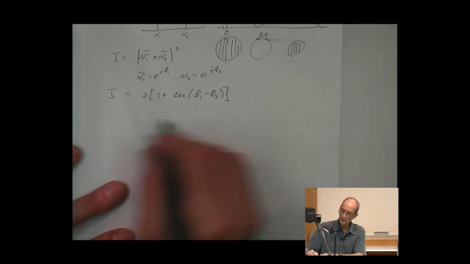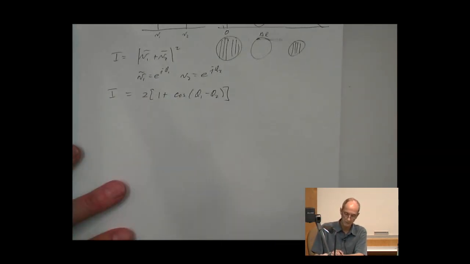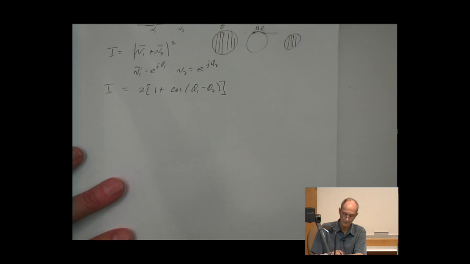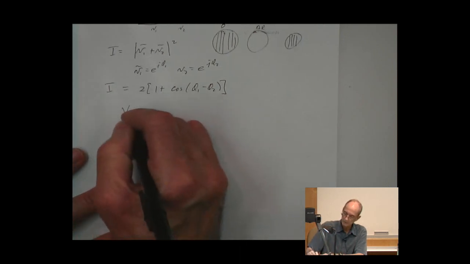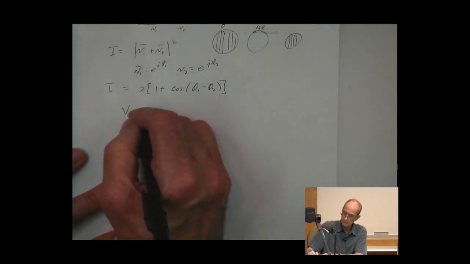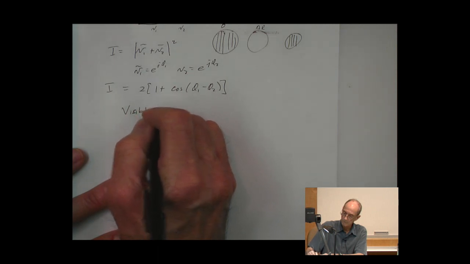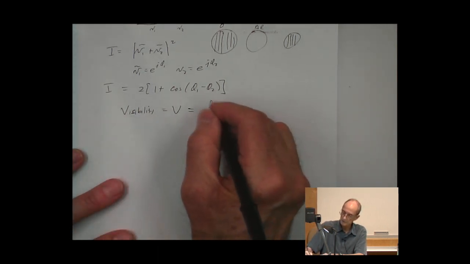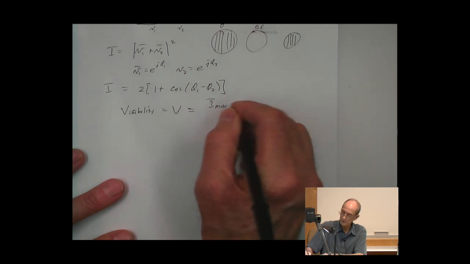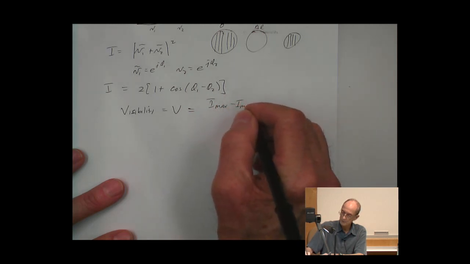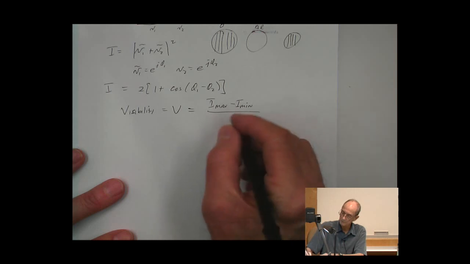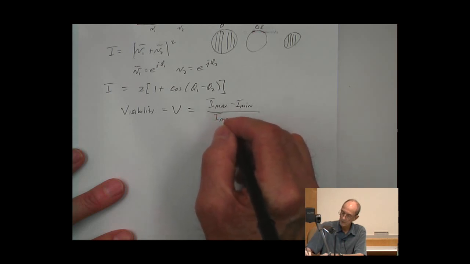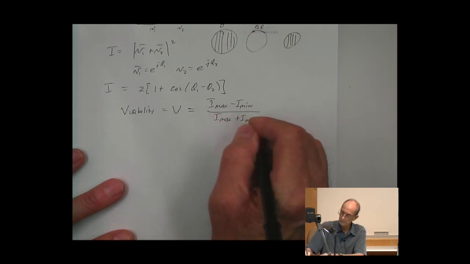So there, if we were now to look at the visibility, which is V, the visibility is simply I max minus I min over I max plus I min.